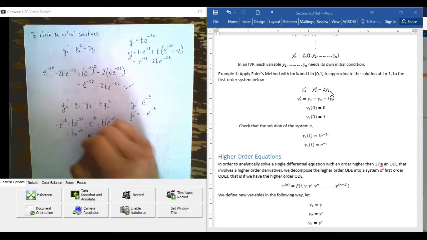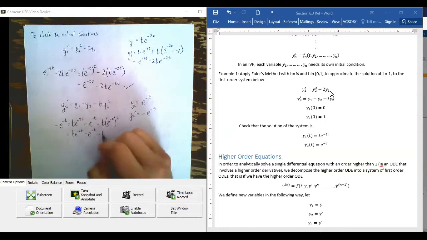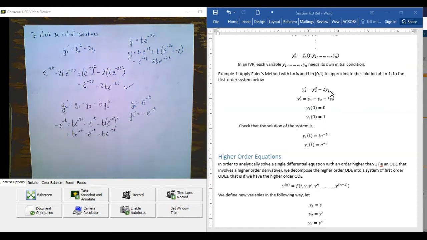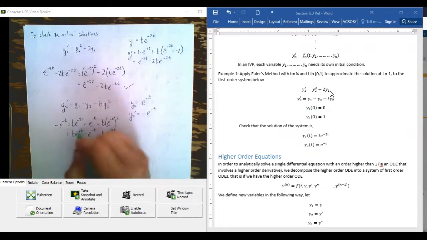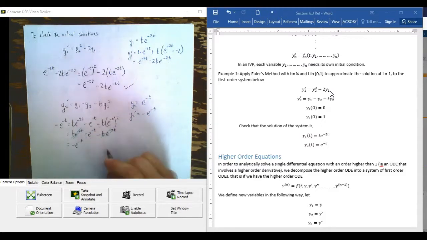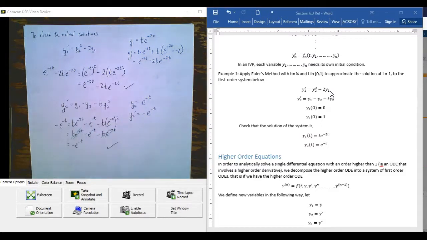So simplifying this will give negative e to the negative t. These guys cancel. So that also checks out. Okay?